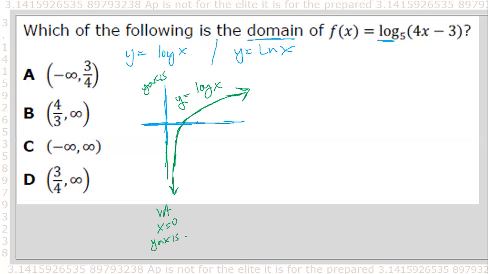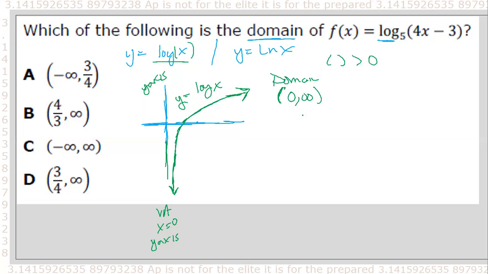Okay, now what does that mean for the domain? Can we have negatives in this log function if we know there's a vertical asymptote at x equals 0? Unfortunately not, right? The domain of the basic parent function log of x is all the positive numbers, so parentheses 0 to infinity, meaning whatever is inside the parentheses must be greater than 0.